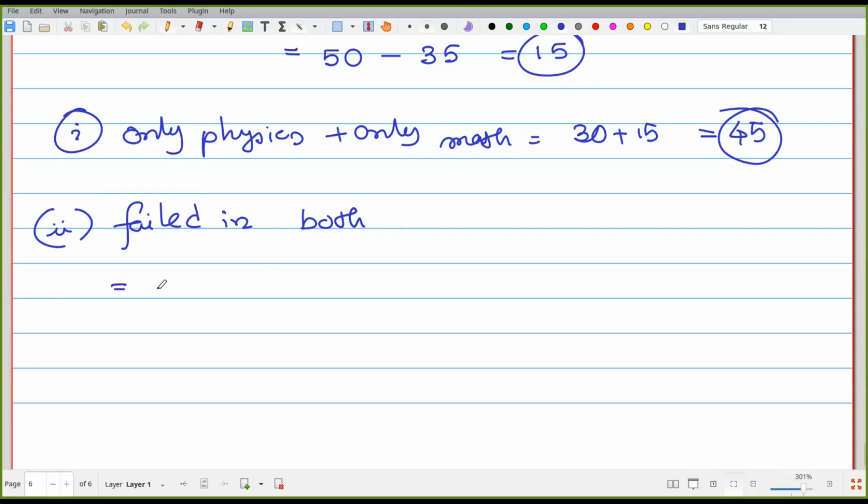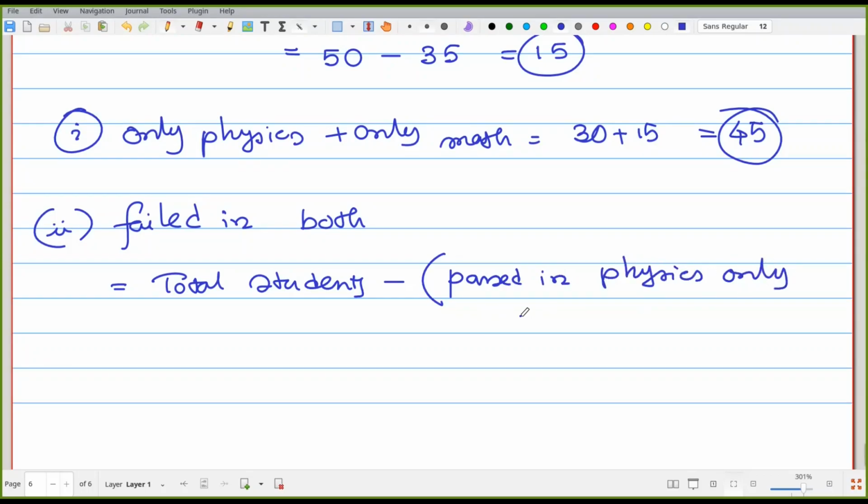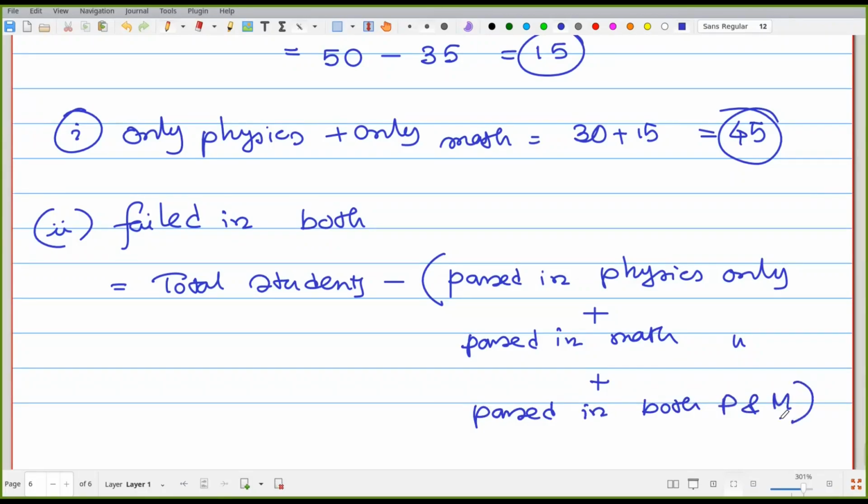How we can say: total students minus passed in physics only plus passed in math only plus passed in both physics and math.